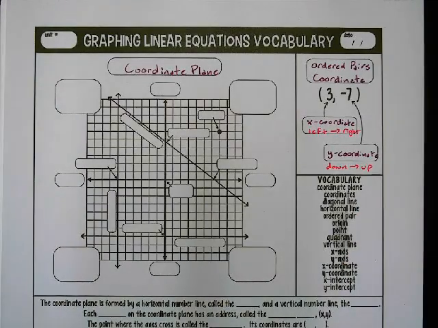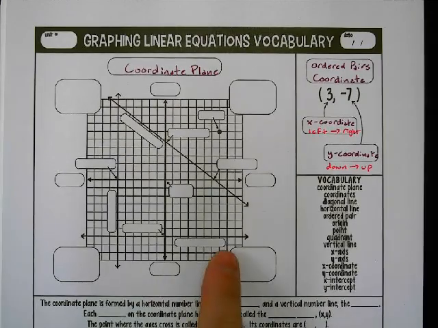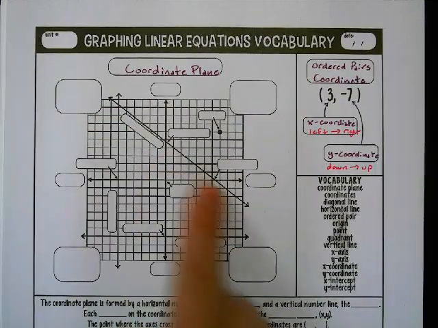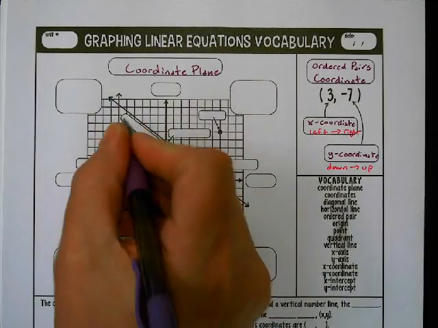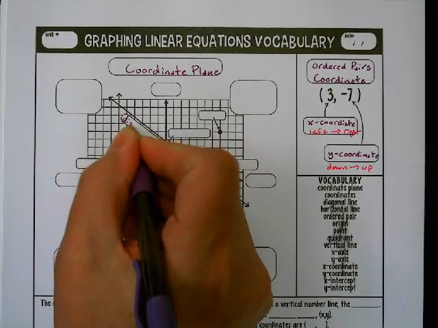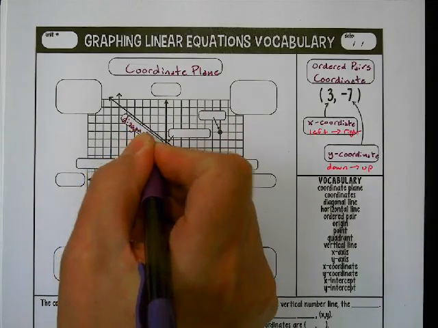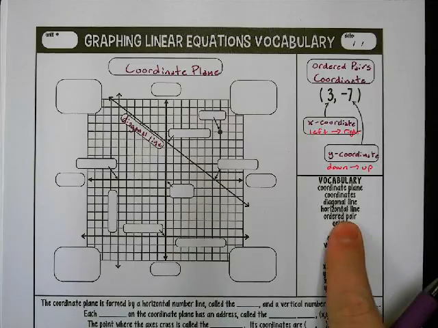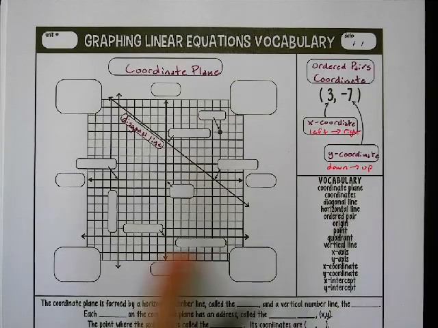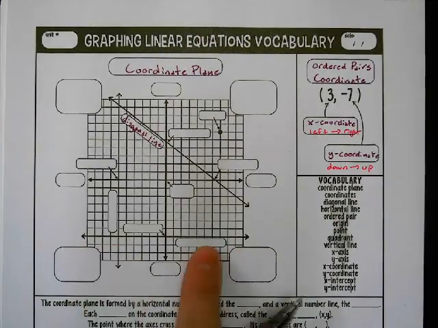All right, what else do we got here? A diagonal line. So this right here is a diagonal line versus a vertical line or a horizontal line. So that is a diagonal line. A horizontal line, like the horizon, a horizontal line would go side to side.